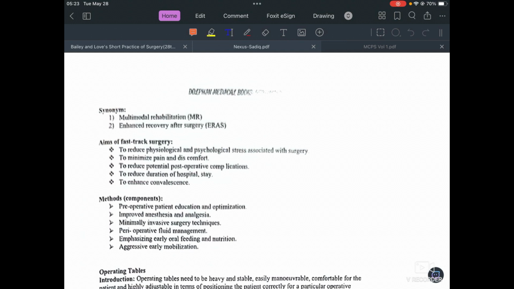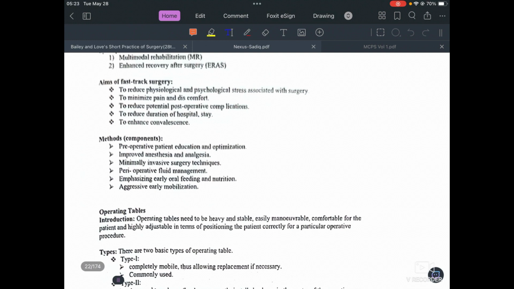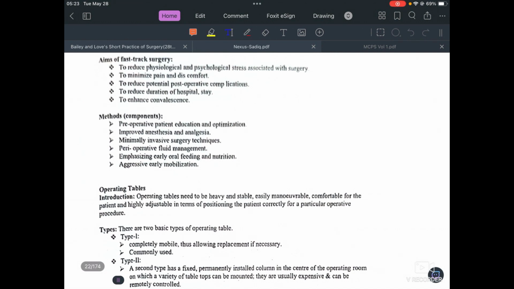The aim of fast track surgery or the ERAS protocol is to reduce physiological and psychological stress associated with surgery, minimize pain and discomfort, reduce potential postoperative complications, reduce duration of hospital stay, and enhance convalescence. Methods: preoperative patient optimization, improved anesthesia and analgesia, minimal invasive surgery, perioperative fluid management, emphasis on early oral feeding and nutrition, and aggressive early mobilization.